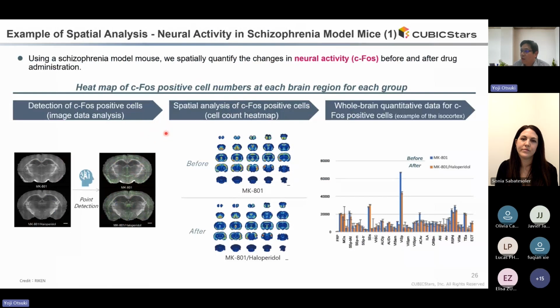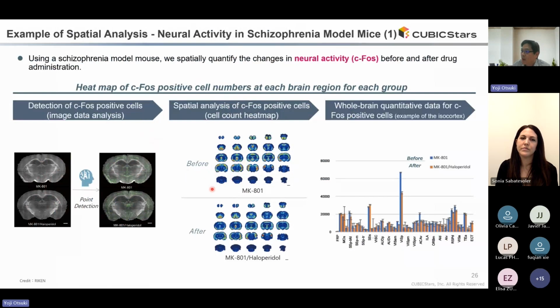After drug administration to the mouse, they collected the whole mouse brain and stained it with anti-cFOS antibody to see the neural activities across the brain. After staining, each cFOS signal can be identified as a coordinate, and these coordinates can be counted or quantitatively analyzed according to the atlas regions.